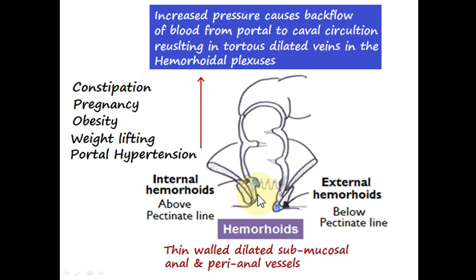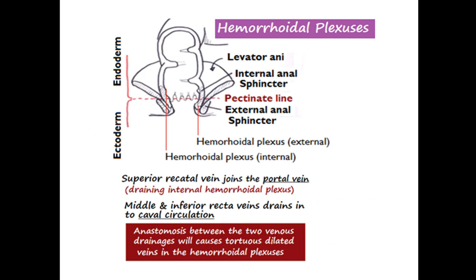Here is one point I want to mention: the anal canal and this region are drained by the rectal veins: the superior rectal vein, inferior rectal vein, and middle rectal vein.